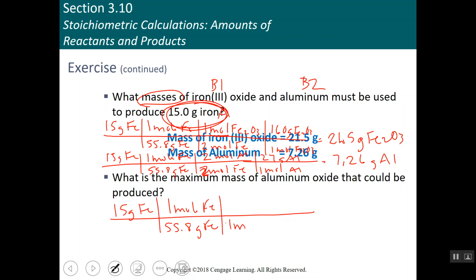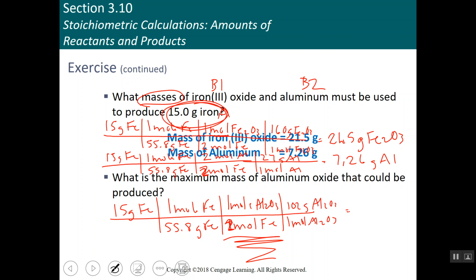And then 2 moles of iron, because there's a 2 in the equation, because this is the step that we get from the chemical equation, gives me 1 mole of aluminum oxide, and then 1 mole of aluminum oxide has a mass of 102 grams. So 15 times 102 divided by parentheses 55.8 times 2, close my parentheses, and I get 13.7 grams of aluminum oxide. Let's check our math. 13.7 grams of aluminum oxide.